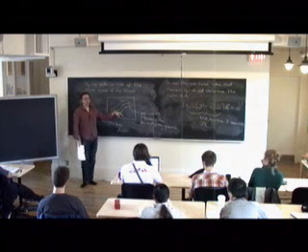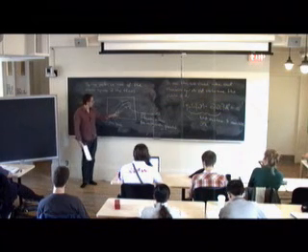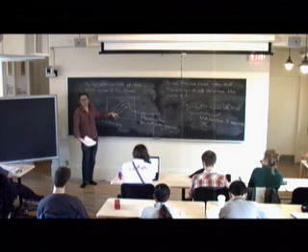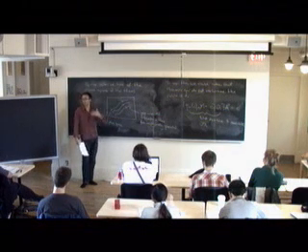Every single point on this line is equivalent to any other point because they're all related by this d mu lambda.